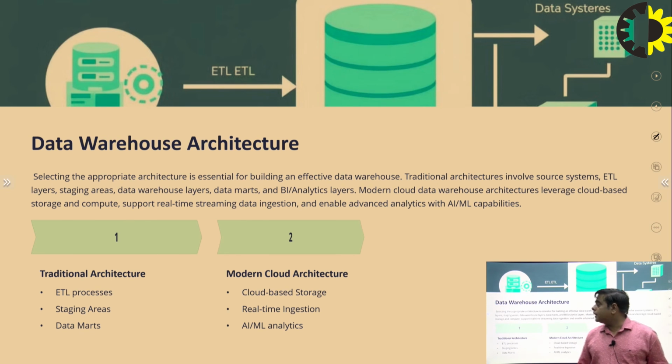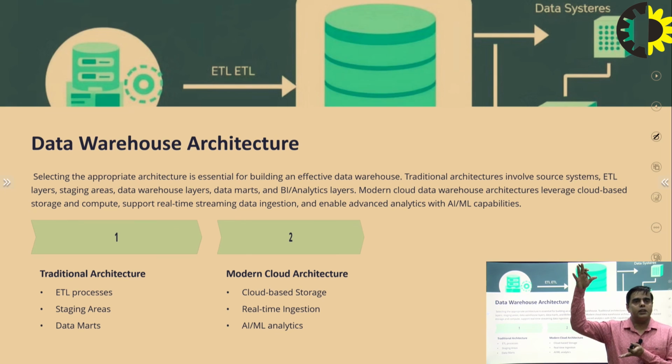Previously we were using the ETL process, staging area and data mart, as we have already discussed a lot. This time we can extend and integrate this data warehouse with the cloud services. So we can use fast services and a more scalable and manageable architecture with the help of this modern cloud architecture.